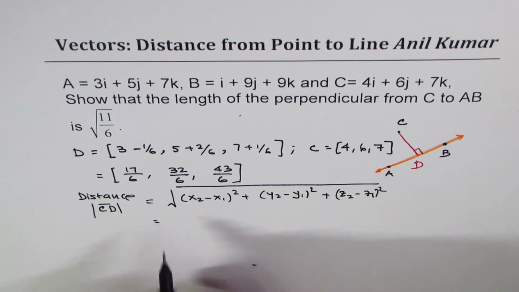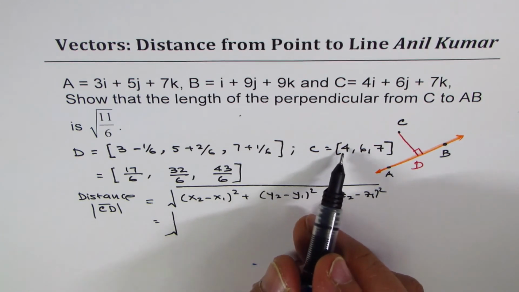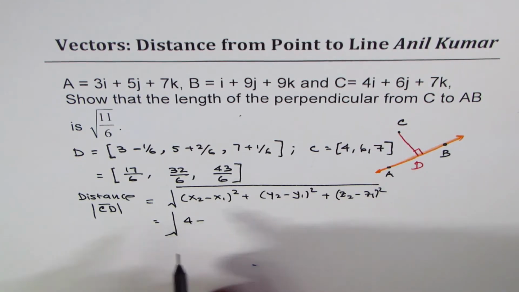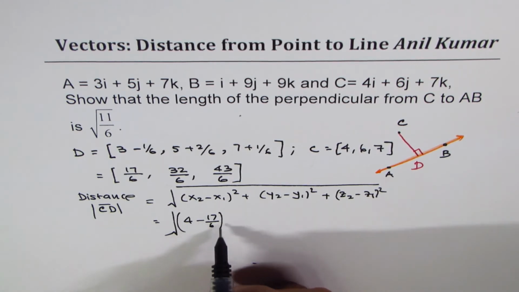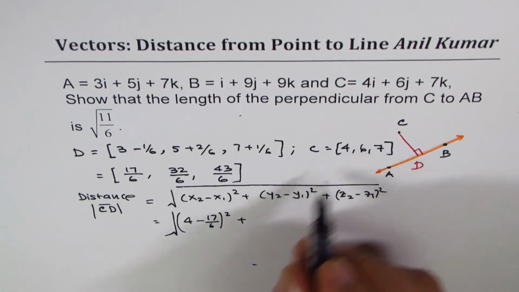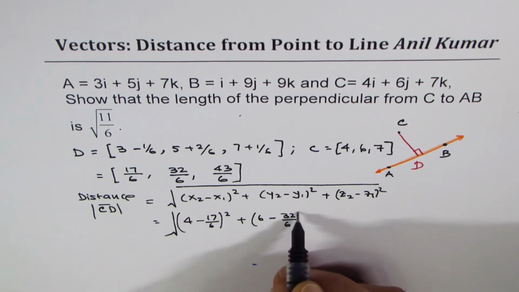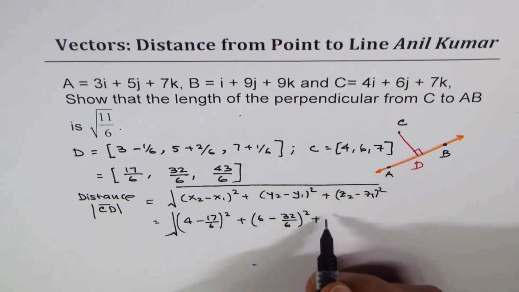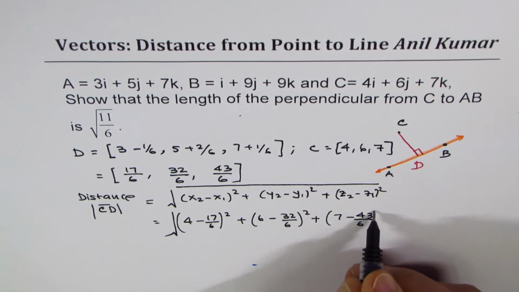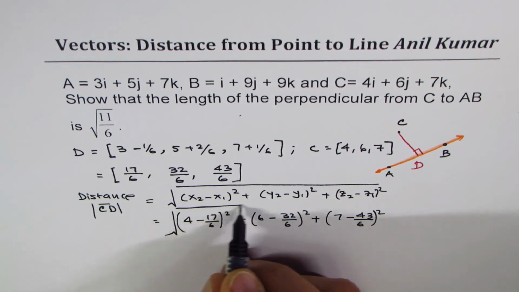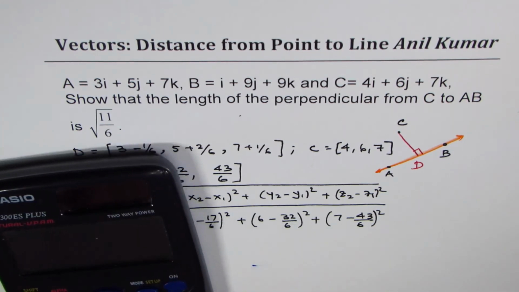So the distance will be square root of 4 minus 17 over 6 whole square plus 6 minus 32 over 6 whole square plus 7 minus 43 over 6 whole square.